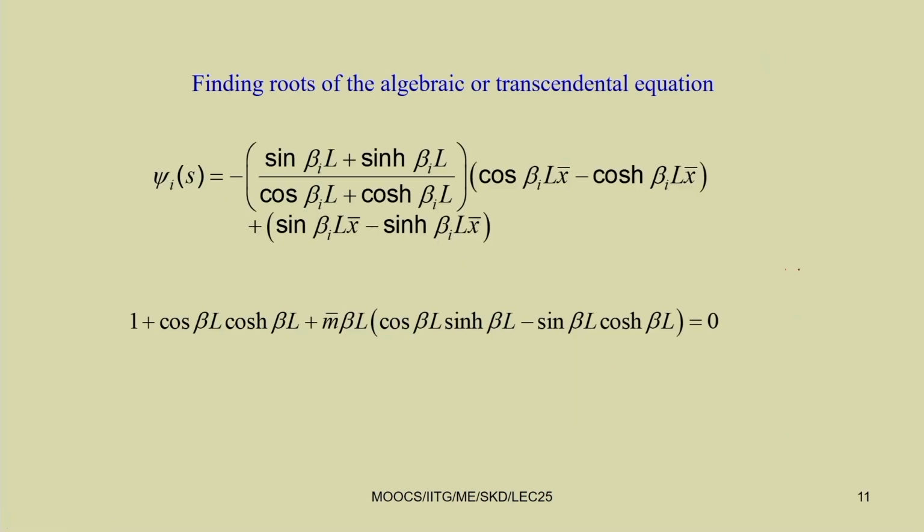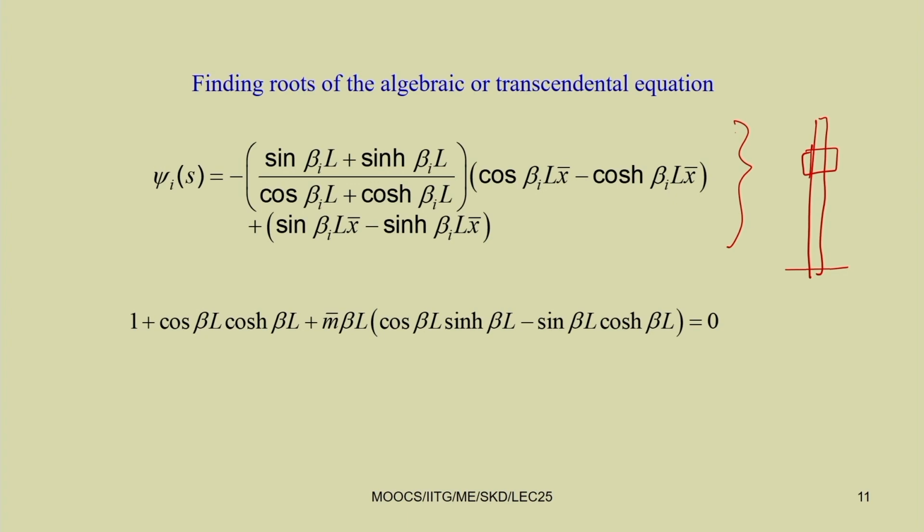For example, in the case of the cantilever beam that we have studied before with an attached mass, the equation will not be so simple. Here you can see we have a complex equation like this for psi i. Psi i contains minus sin beta iL plus sinh beta iL divided by cos beta iL plus cosh beta iL, into cos beta iL x bar, minus cos beta iL x bar, plus sin beta iL x bar, minus sinh beta iL x bar.